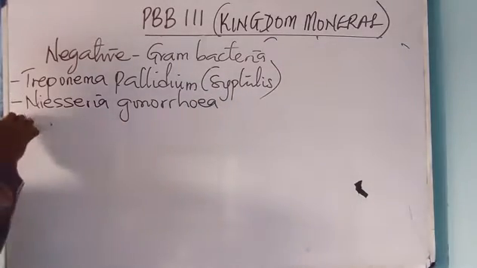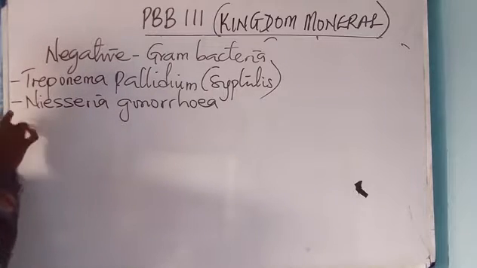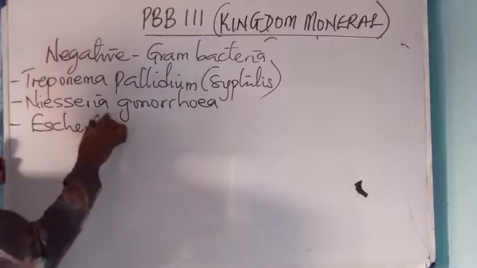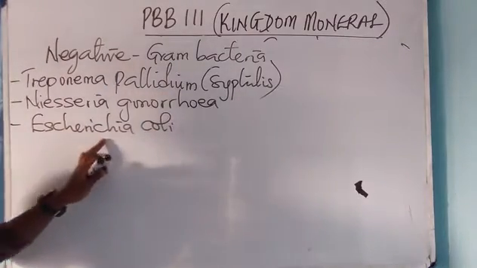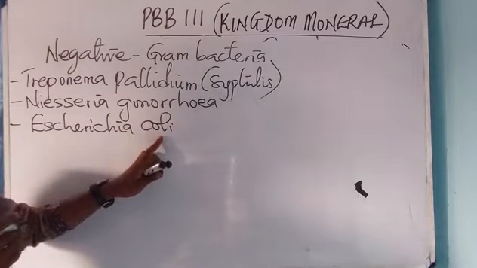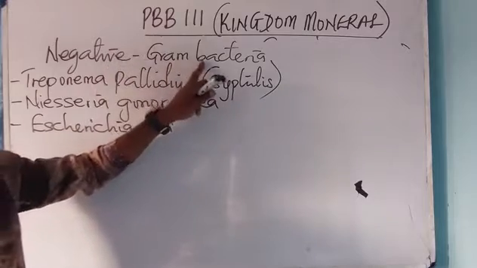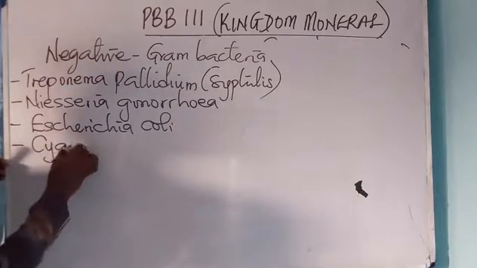Okay. Another example of gram negative bacteria is Escherichia coli. Escherichia coli is also a good example of gram negative bacteria. Then the last one for now is the cyanobacteria.